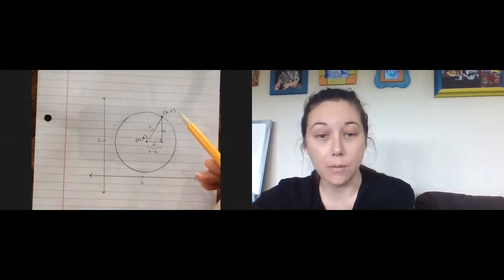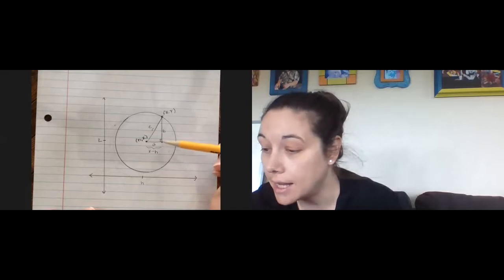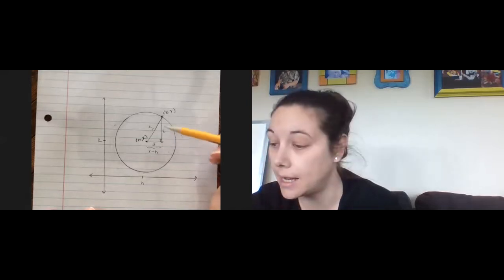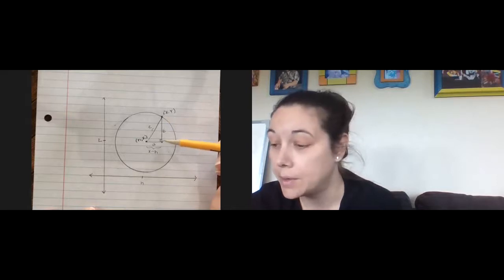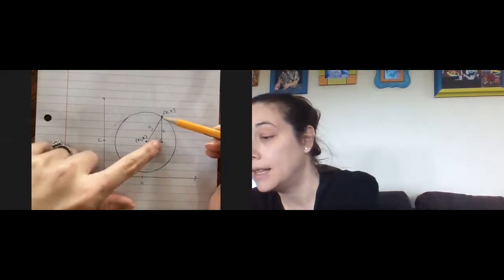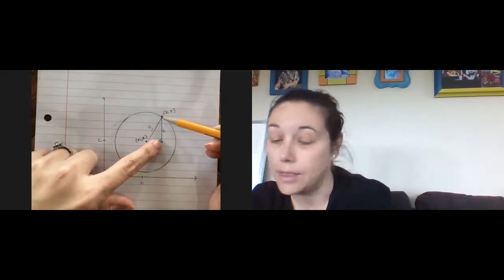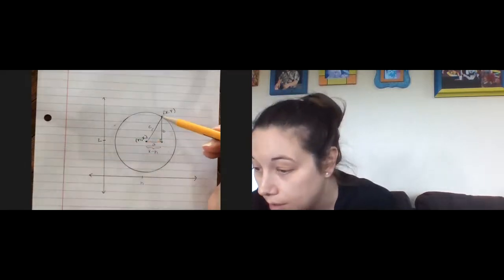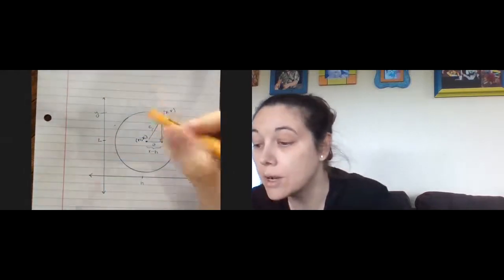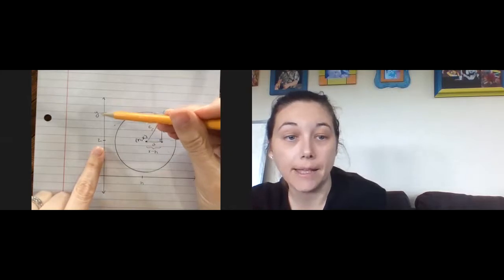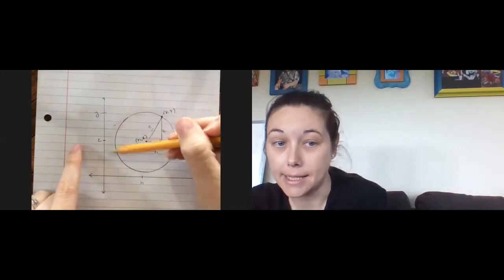And the same thing for our y, right? If we start at k and we need to find the length of the b side of our triangle, well, that is just y minus k.